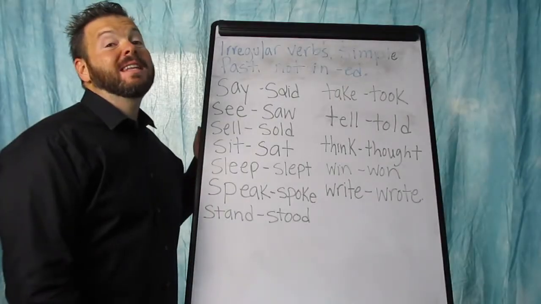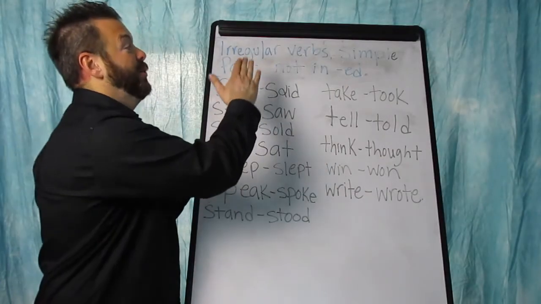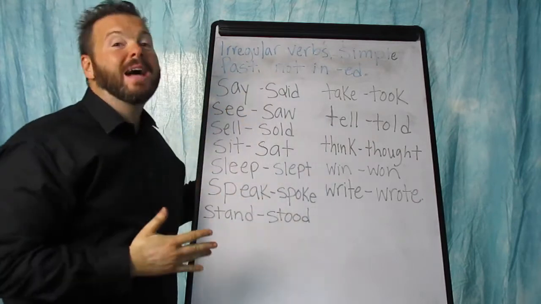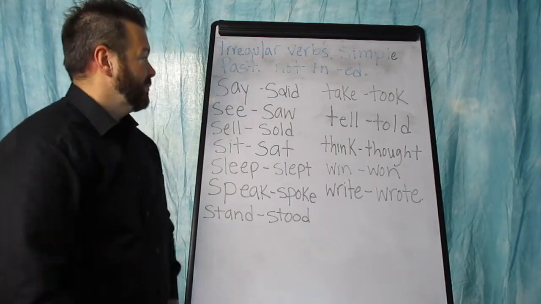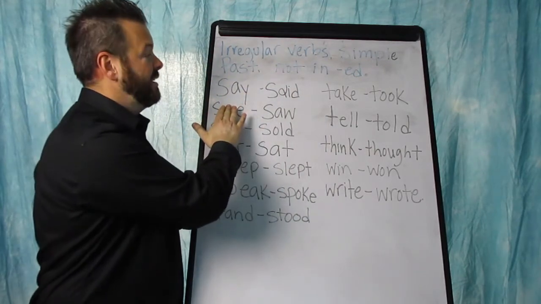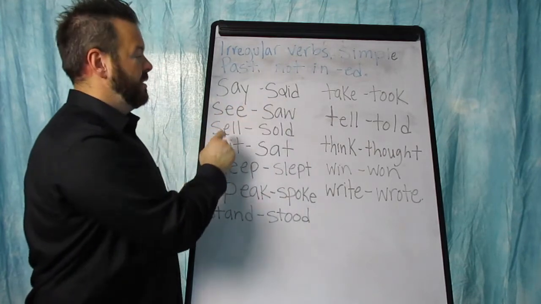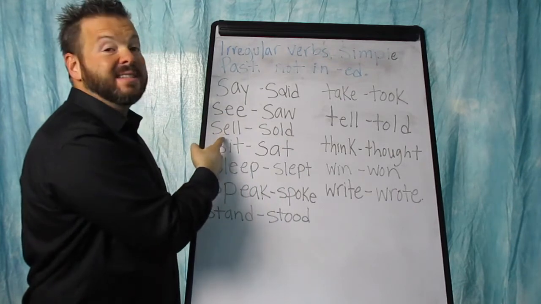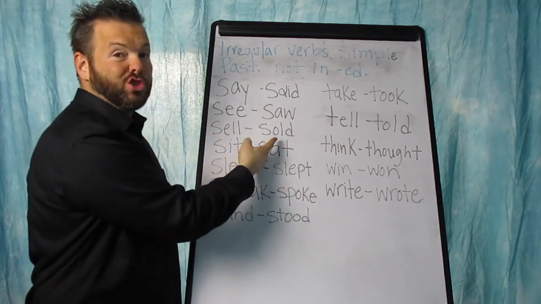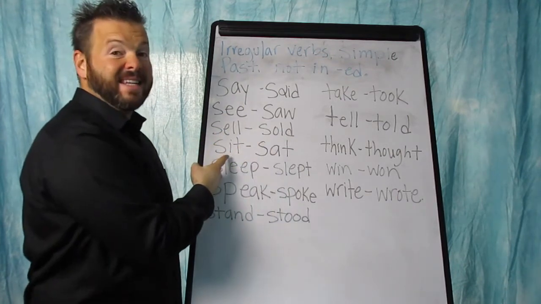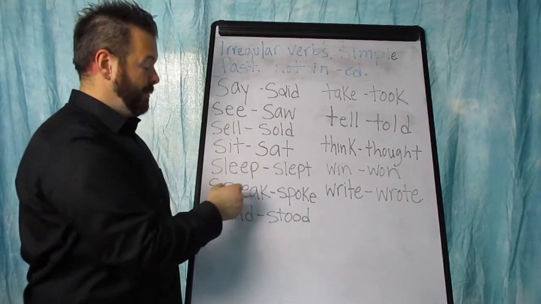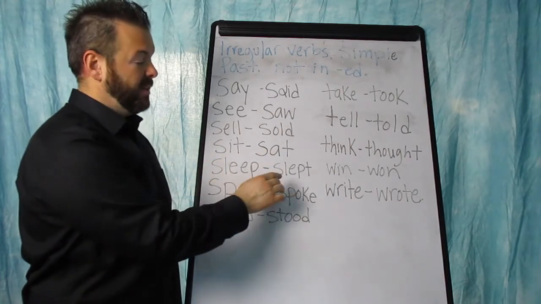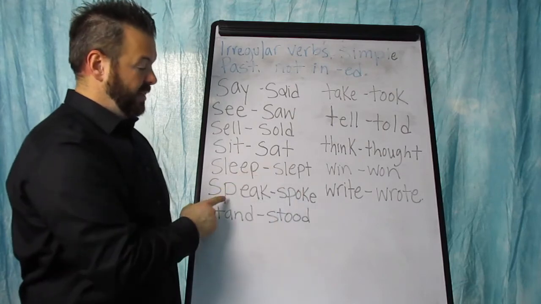Okay, here is the last list of irregular verbs in the simple past, not in ed. Say, said. See, saw. Sell, sold. Sit, sat. Sleep, slept.